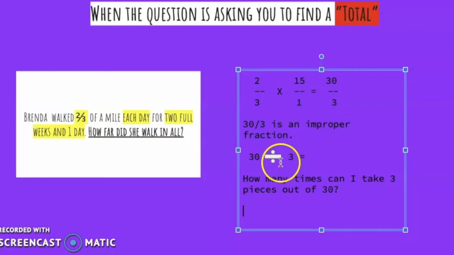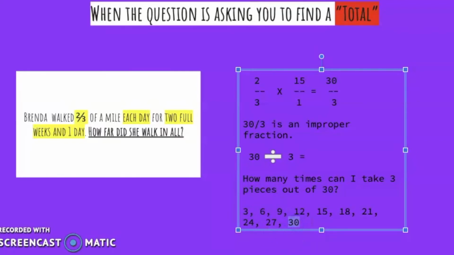So I need to do my T-chart in order to find how many times I can take 3 pieces out of 30. So I have 3, 6, 9, 12, 15, 18, 21, 24, 27, and 30, and I stop.